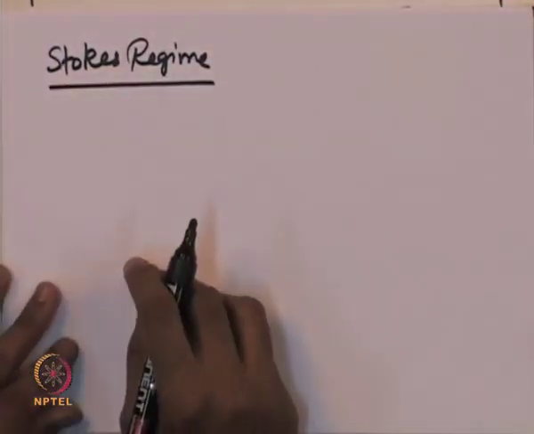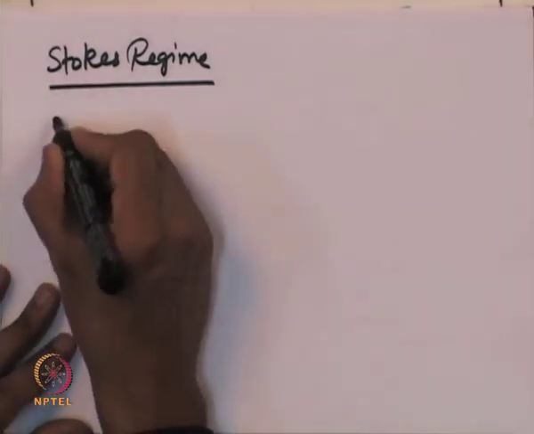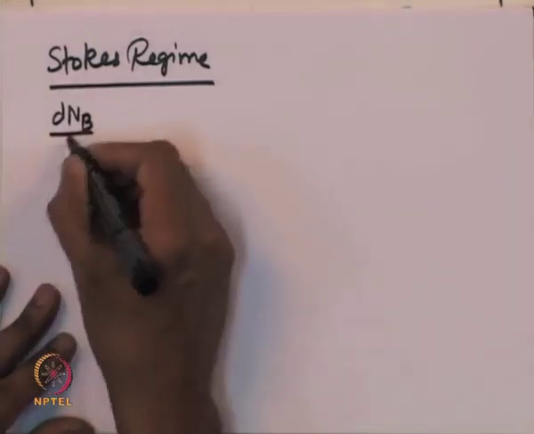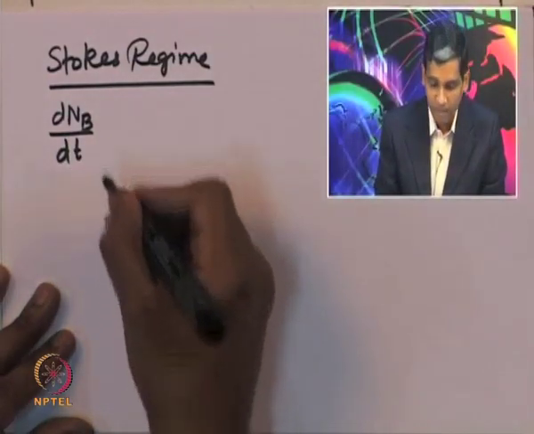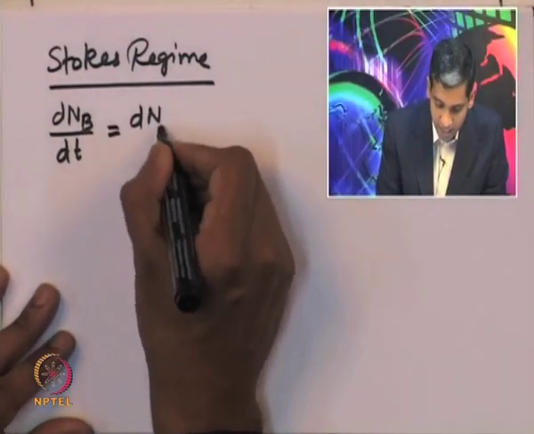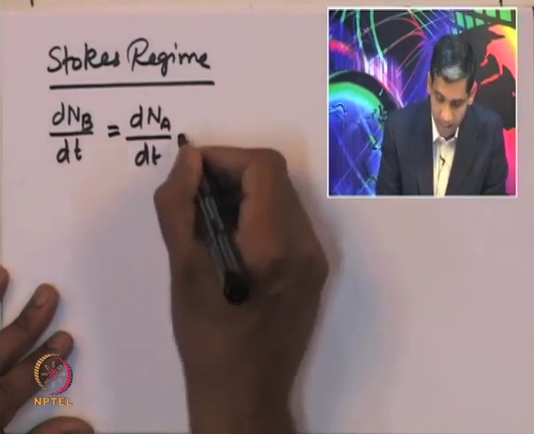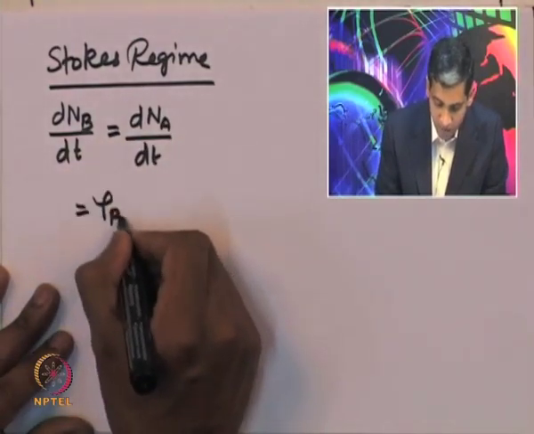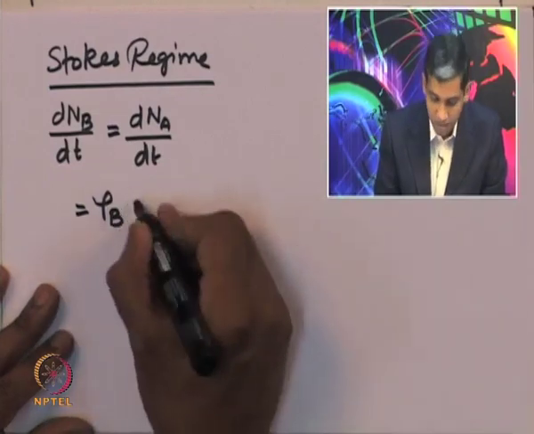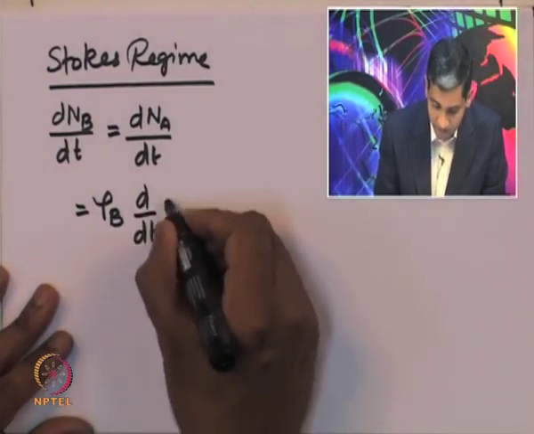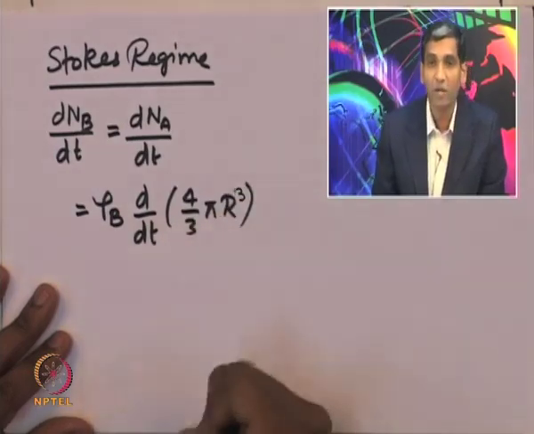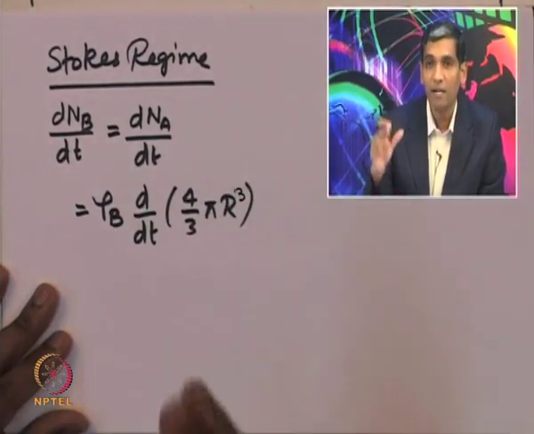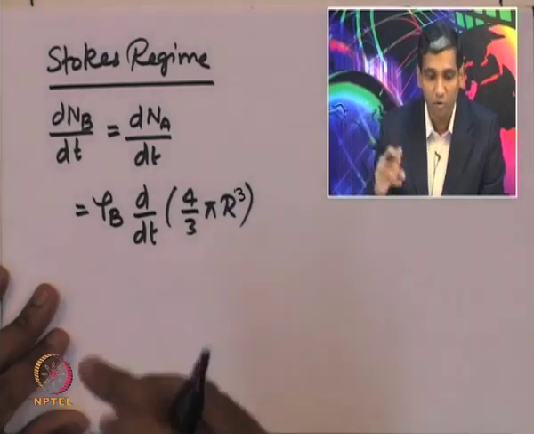In the Stokes regime, the mole balance dNb by dt, which is the rate of change of the solid species with respect to time, is equal to dNa by dt, and that is equal to rho b, the density of the solids, into d by dt of 4 by 3 pi r cube, where r is the radius of the unreacted core, which is changing in size due to the reaction.